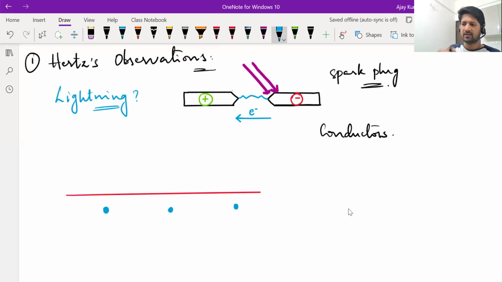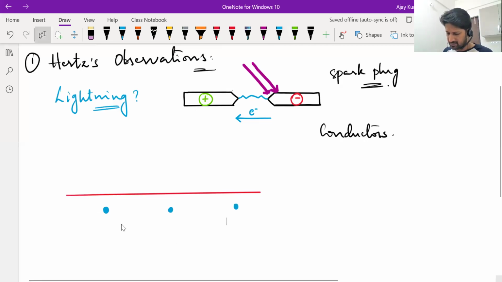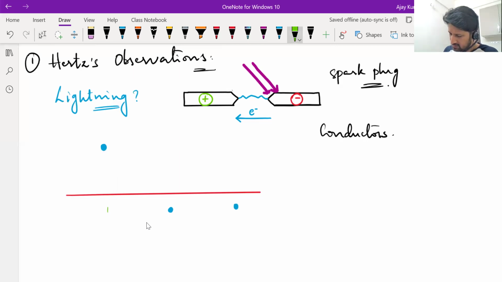Now, if one of these free electrons leaves the conductor, you will automatically be left with a residual positive charge on the surface because the conductor is normally neutral. If an electron leaves, you will be left with a positive charge, and that positive charge will attract the electron back. The electron will experience a force this way. So whatever we call conduction electrons or free electrons, they are not absolutely free. They are only free to roam around in the conductor. They can't leave the conductor.